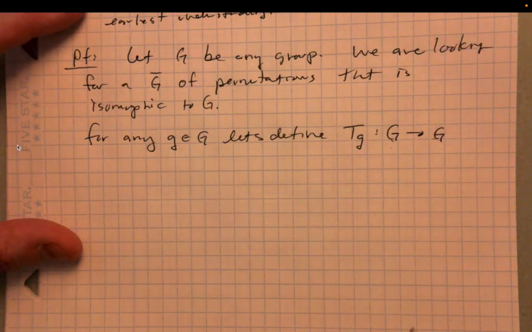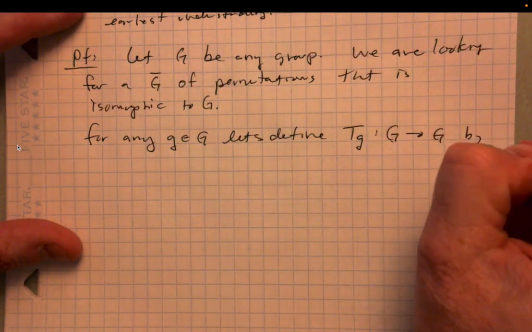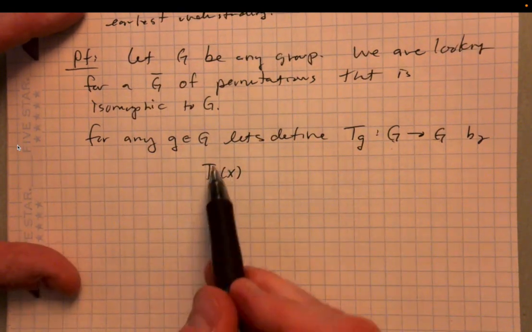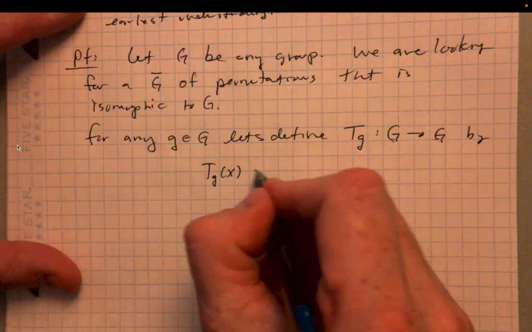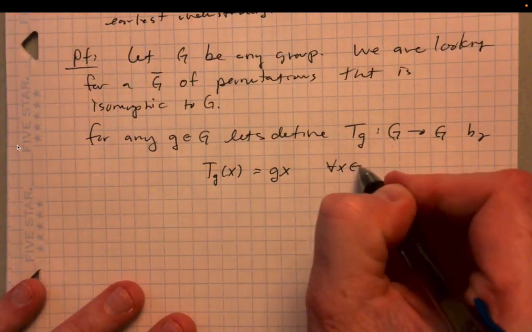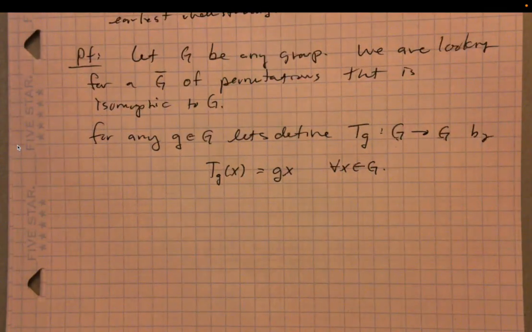We're going to define this by T sub g of x equals g times x, for all x in G. So really what we're doing here is just multiplying x by g on the left.